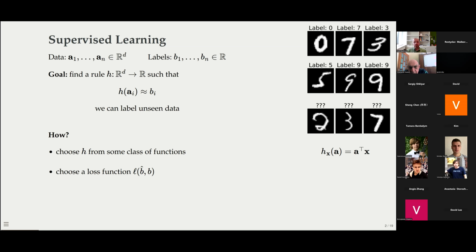If not, we should get some penalty. And our goal is to make the loss as small as possible across the whole data set. So for instance, here we take a very classical loss, the quadratic loss. And then we consider the total loss across the data set, which means we just minimize the sum over each object a_i.